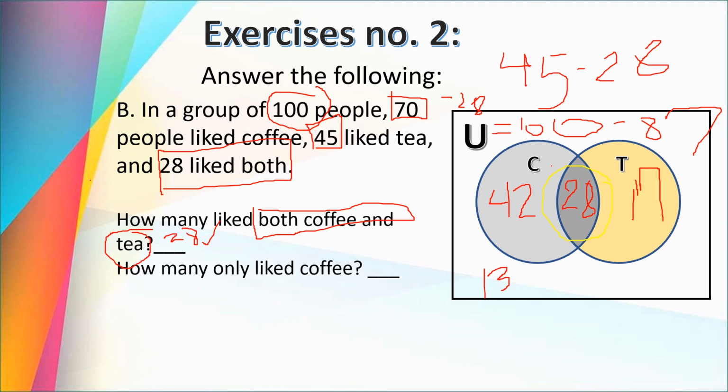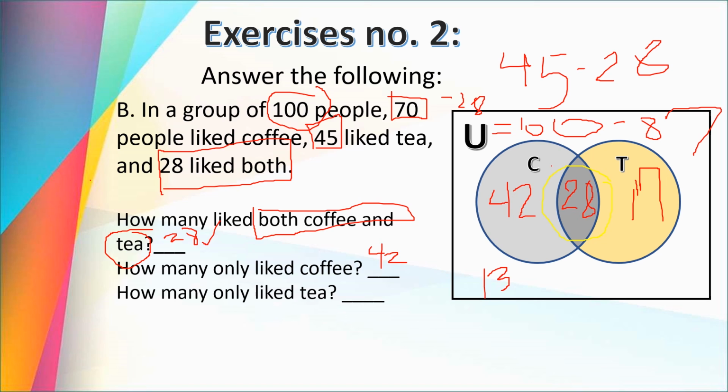Next question. How many only like coffee? So, for this time, ang tinatanong natin ay coffee only. So, since ito yung ating set coffee, but si 28 ay part also ni tea, ang tinatanong natin is coffee only. Simply, the answer should be 42.